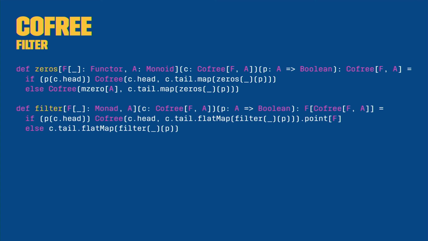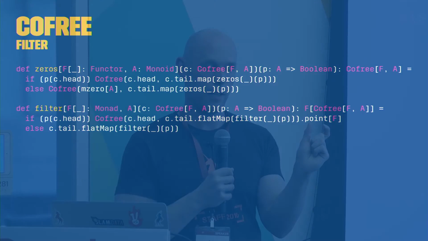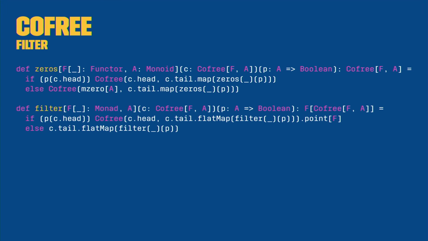So in the first one, if you just want to zero out the stuff you don't want, which could be useful if you're using a byte vector as your F, because you have these streams of bytes, then you may just want to zero them out, and zeroing them out corresponds to empty byte vectors in chunks of data that you didn't want to process. However, the other way is to require that F be a monad, and when you have that much structure, you can implement filter such that it actually deletes the slots that your predicate passed to filter doesn't want.